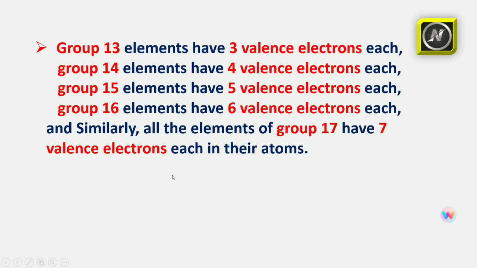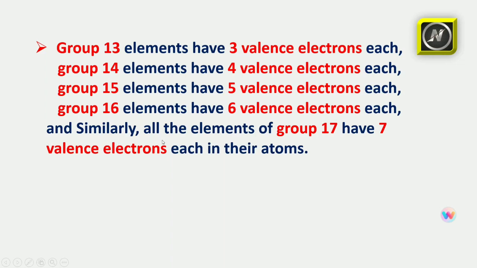Similarly, group 13 elements, meaning group 3 elements, have 3 valence electrons each, and group 14 elements have 4 valence electrons each. Group 15 elements have 5 valence electrons each. Group 16 elements have 6 valence electrons each.